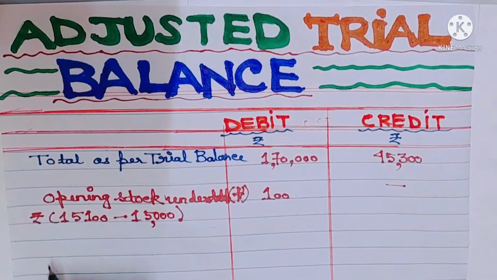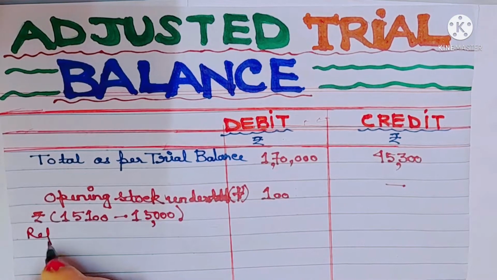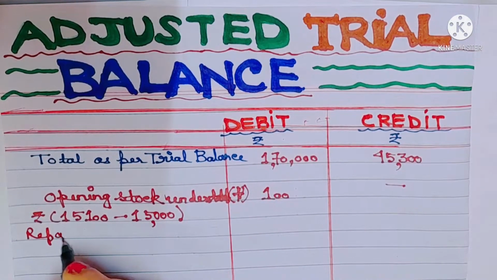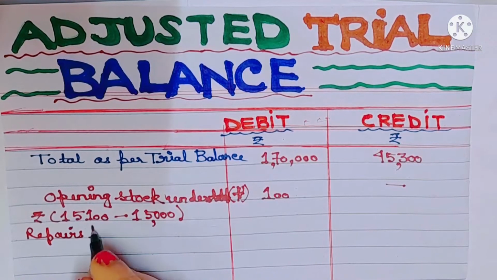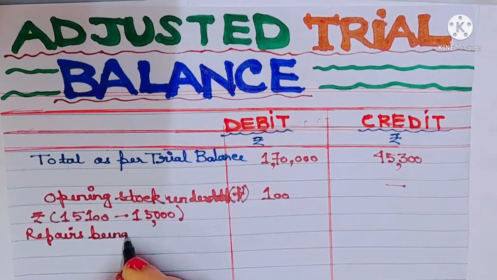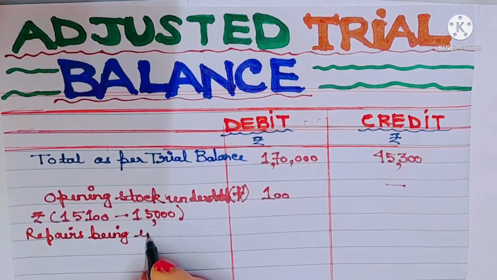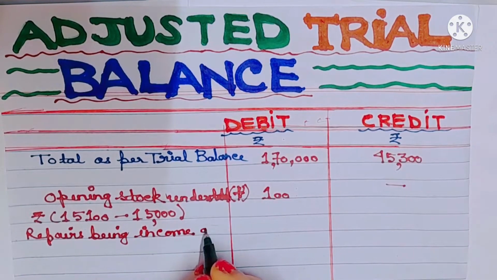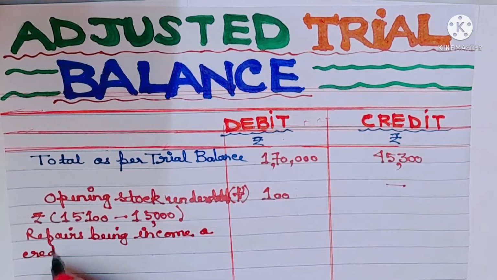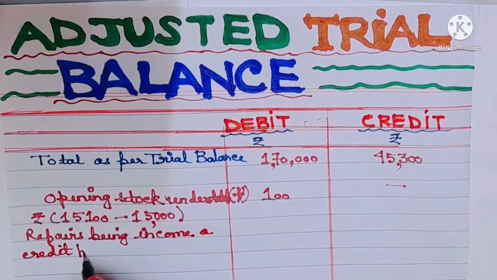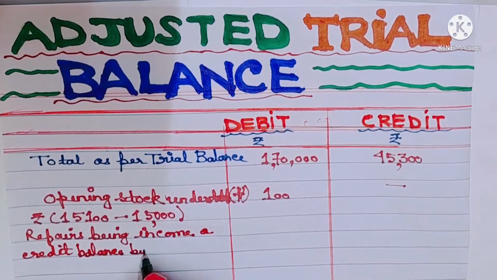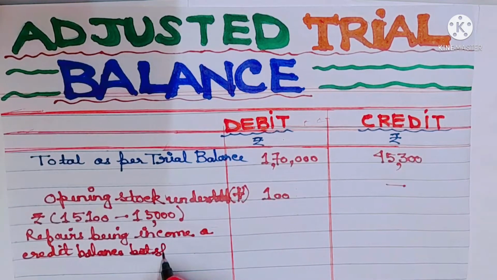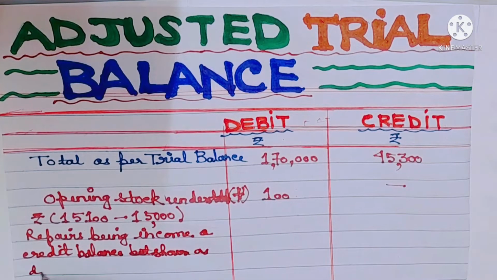So we'll write repairs, being income, a credit balance, but shown as debit balance.